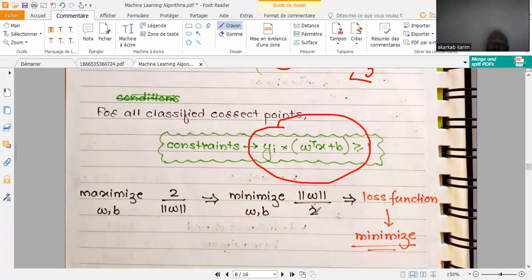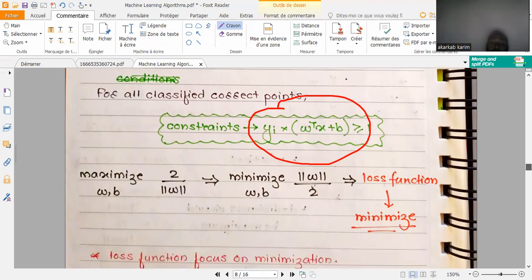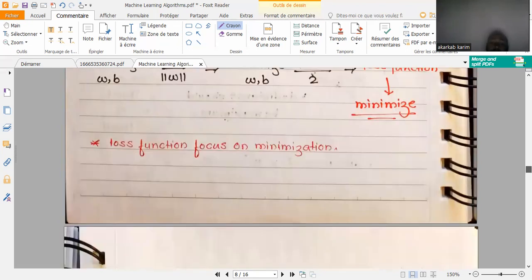We know that to maximize the margin we need to minimize the magnitude divided by 2, by decreasing the values, by changing W and B. I hope that's clear for you. It's easy. So the loss function focuses on minimization. If you look before, we need to decrease the values.